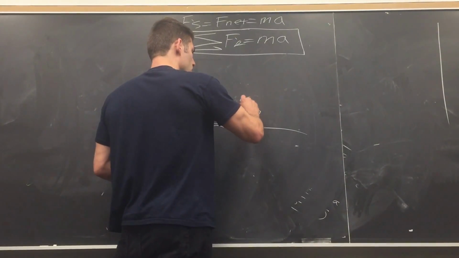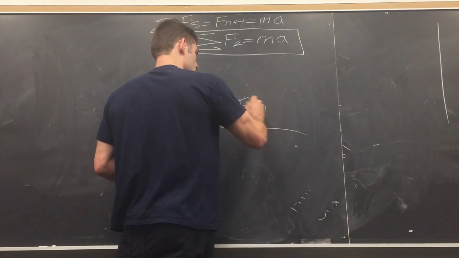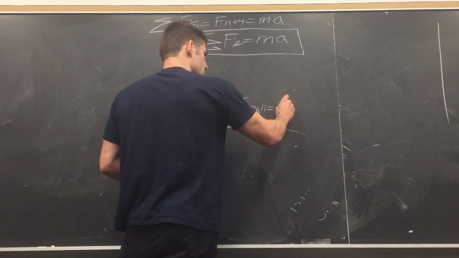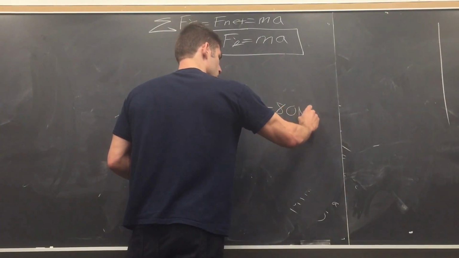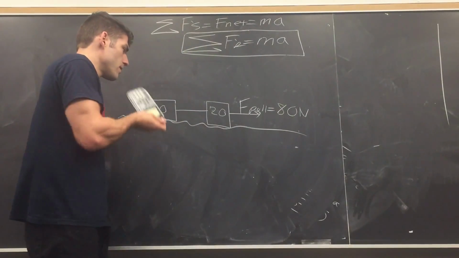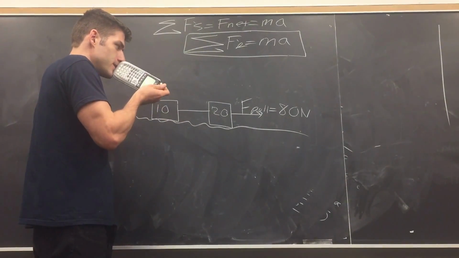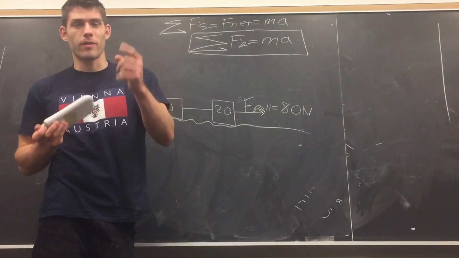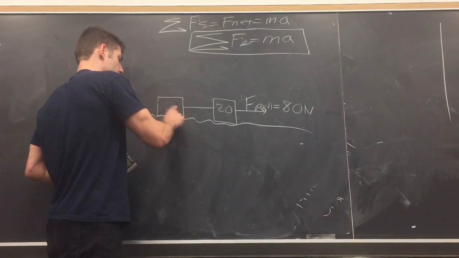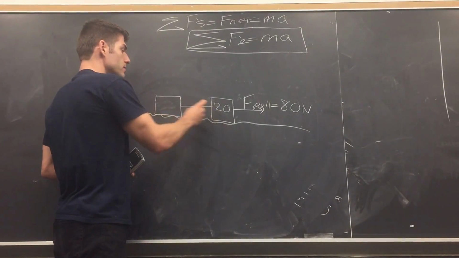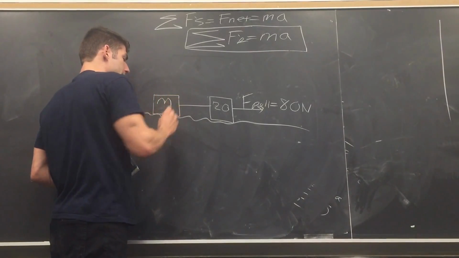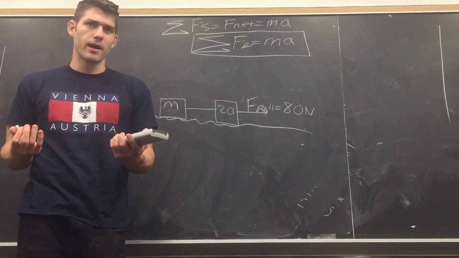So force pull is equal to 80 newtons. Actually, I want to make this one harder. This is 20 kilograms, but we don't know the mass of the left block.